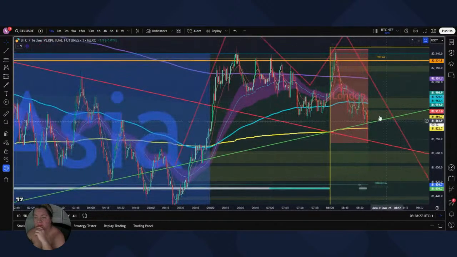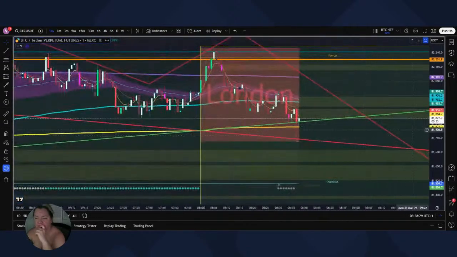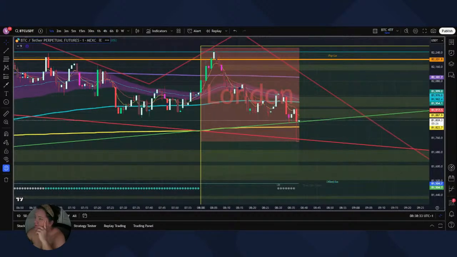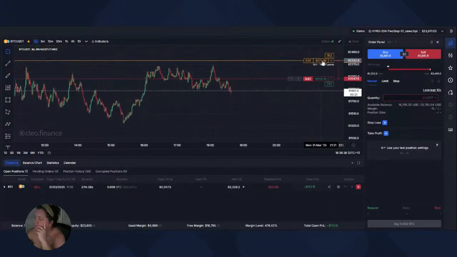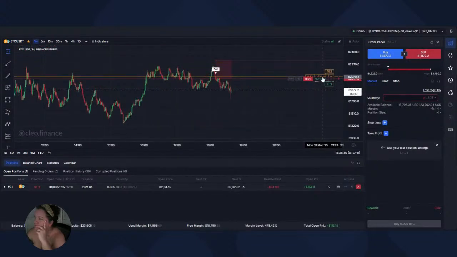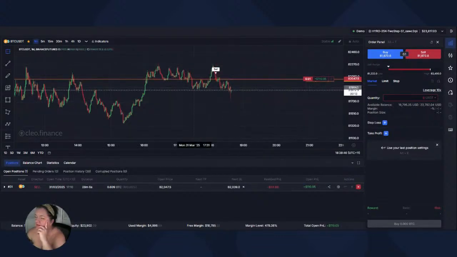This could also be a bounce off support here. I'm actually going to move my stop loss, in case this is a rejection. I've just moved my stop loss quite close to break even, just in case. Because if I get stopped out, I can always just re-enter.